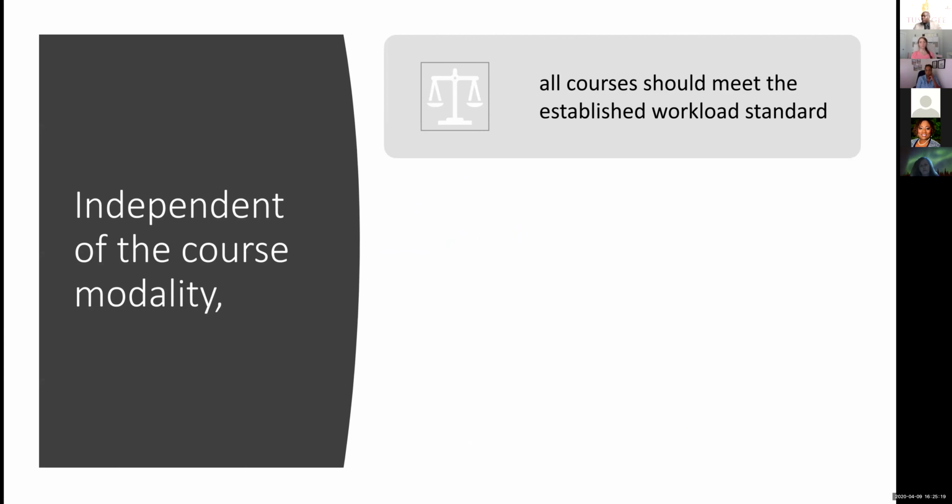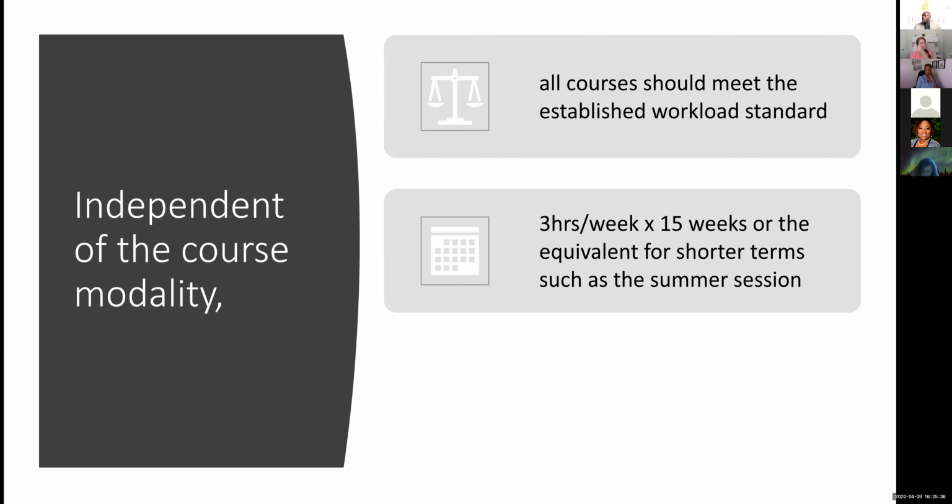And that includes the minimum 3 hours per week for 15 weeks, and evidence that the students have met the established learning outcomes, by taking the assessments in the courses. So 3 hours per week times 15.